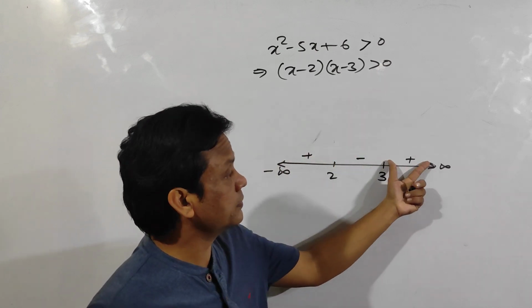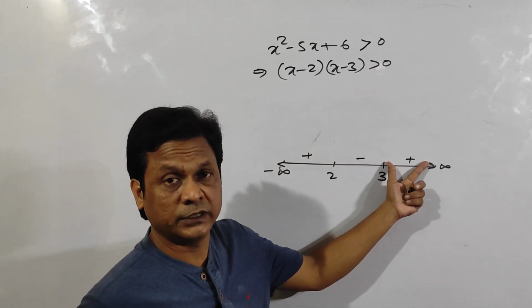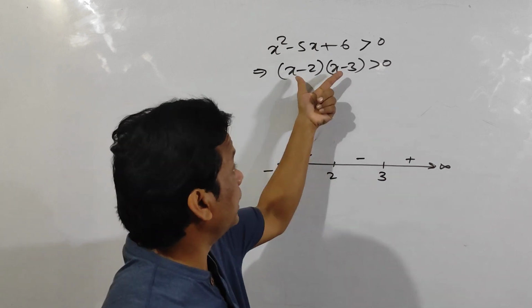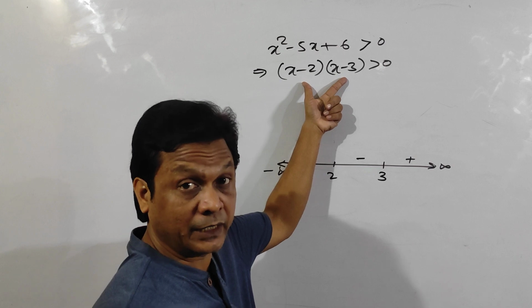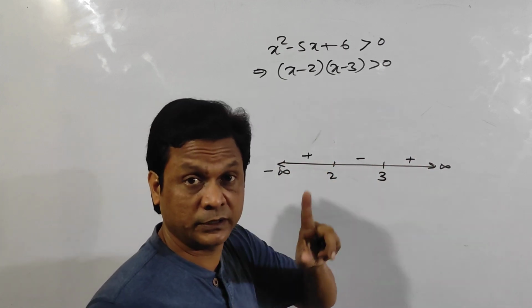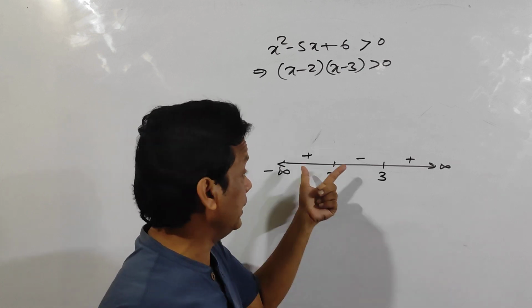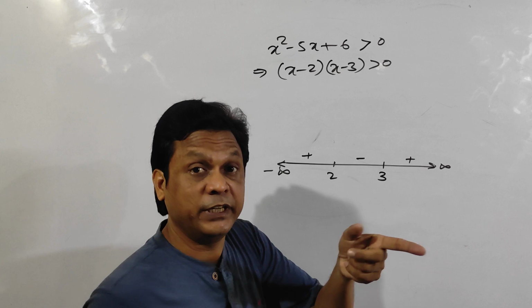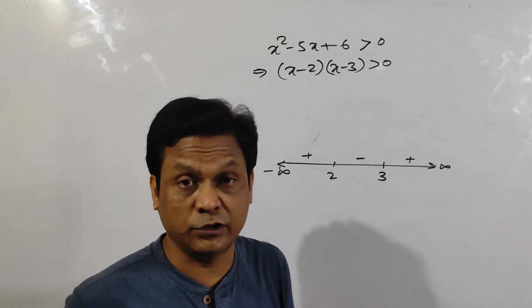There are 2 intervals containing the positive sign. That means, see the language I am telling you, the value of x may lie in this interval or in this interval. I told you or. Either the value of x lies in this interval or in this interval. And the meaning of or is union in set theory.